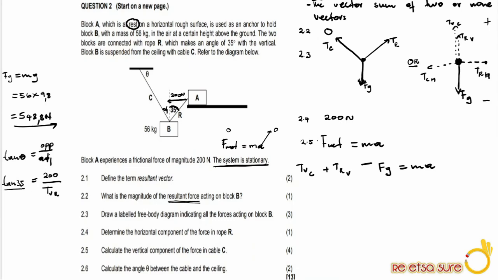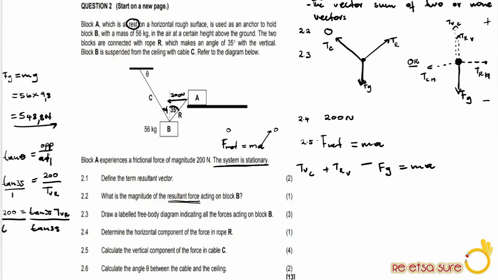So now let us cross multiply. 1 multiplied by 200 is 200, which is equals to tan 35 TVR. So now I'm going to divide both sides by tan 35.